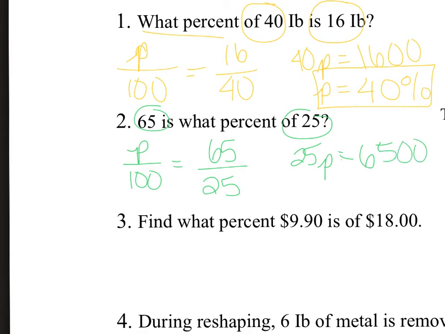Divide that by 25 and you get 260. So 260%. This answer should make sense since 65 is greater than 25. We should know that that's more than 100%.